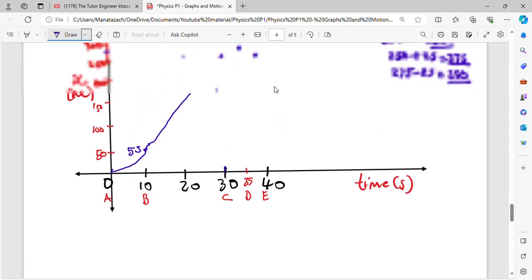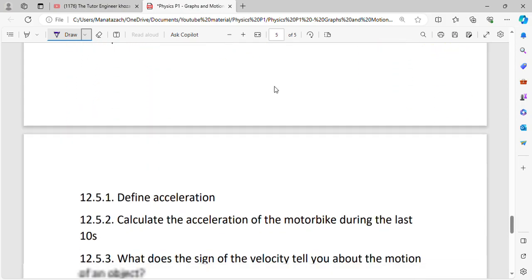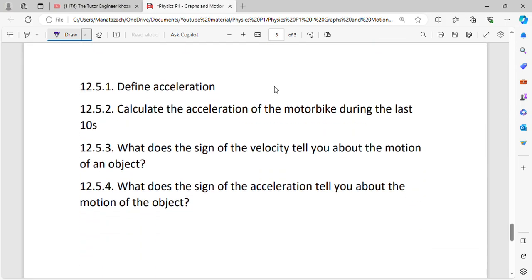Okay, let's continue on with 12.5.1. Define the acceleration. So the acceleration is a vector quantity, which is a rate of change of velocity.